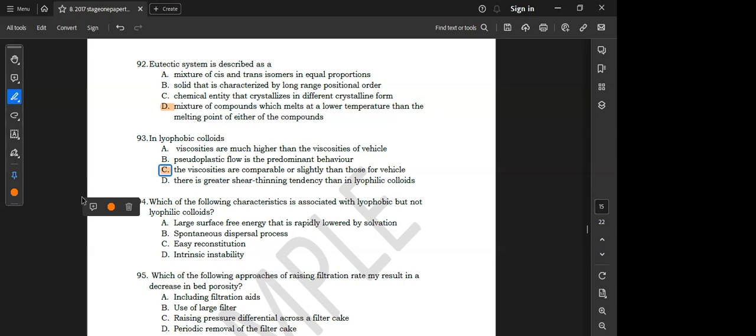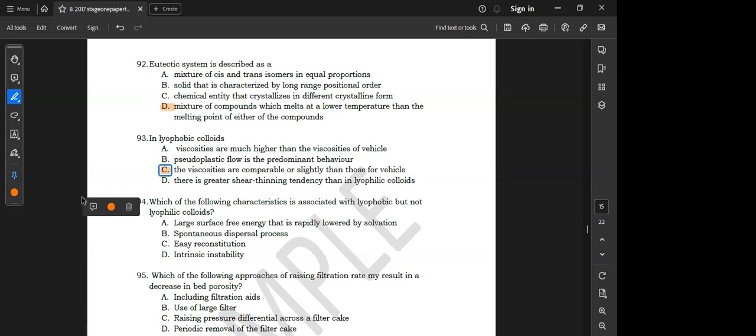Which of the following characteristics is associated with lyophobic but not lyophilic? High surface free energy that is rapidly lowered by solvation, spontaneous dispersal process, easy reconstitution, and intrinsic stability. 9D, not sure.